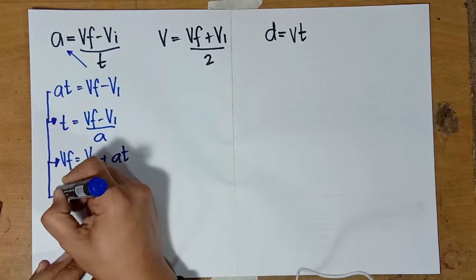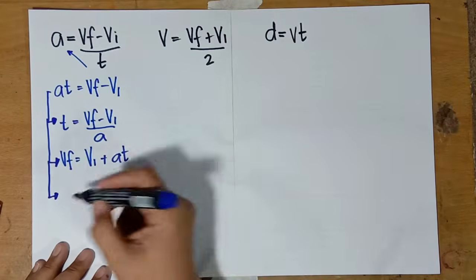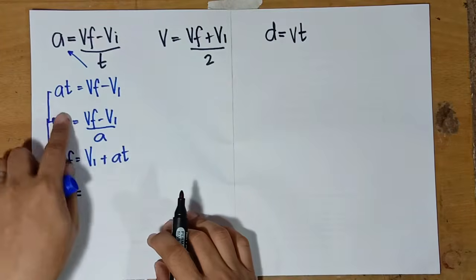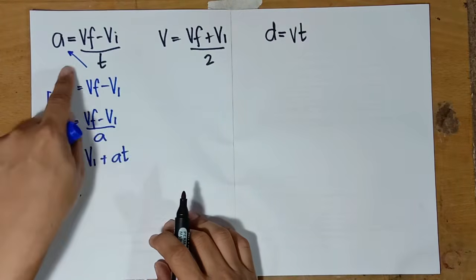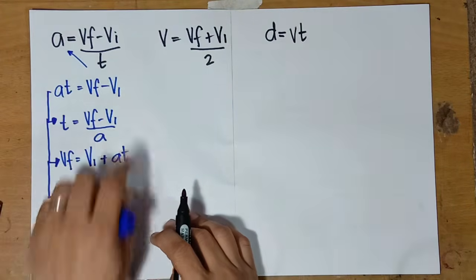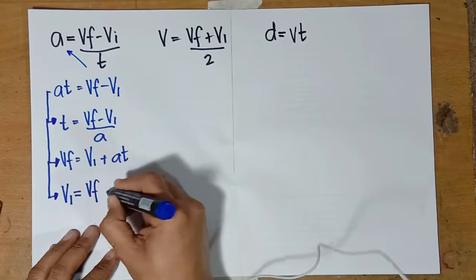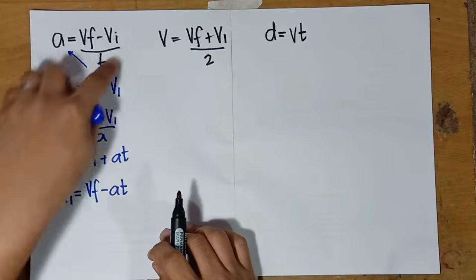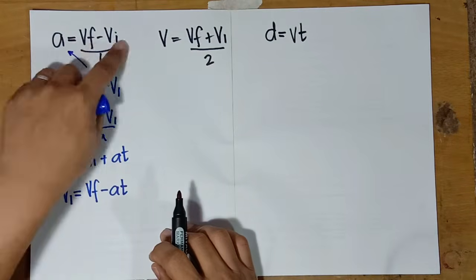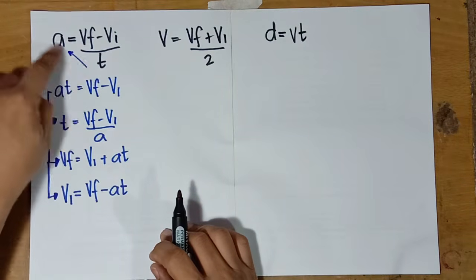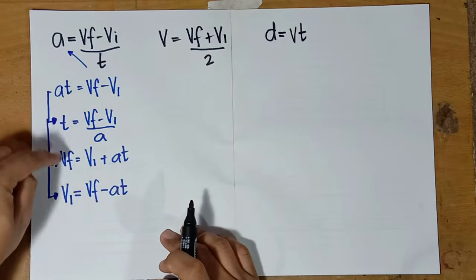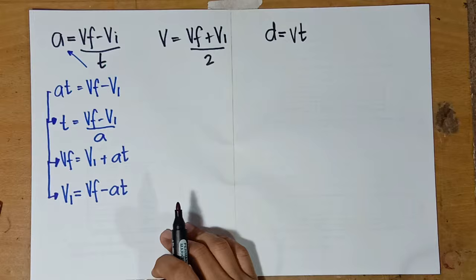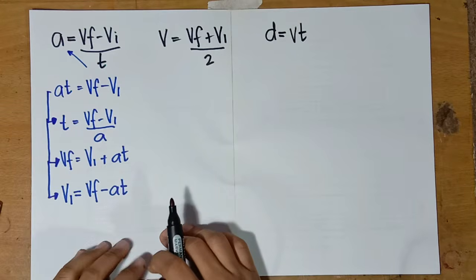And then the third one, if we are looking for the Vi, transpose the Vi here, and then transpose the at here, then we will have Vf minus at. There you go. So from the first formula, acceleration equals Vf minus Vi over time, by cross multiplication you will get the other three derived formulas, which you can use in solving a problem.